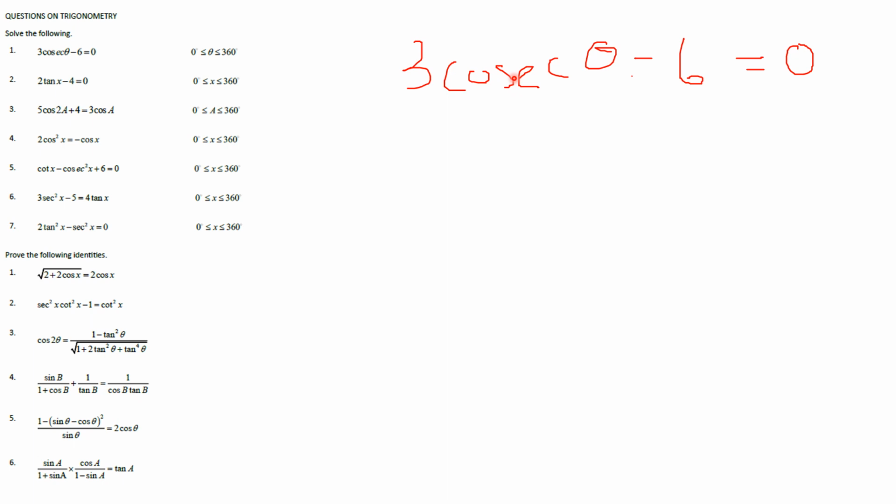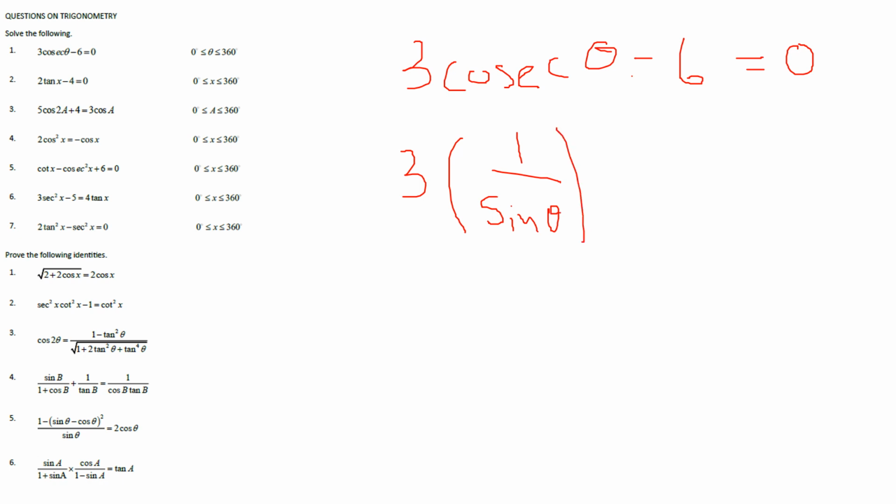So we will not be able to find cosec theta. On my equation I will convert this one here. I know cosec goes with sine, but remember it is a reciprocal. So cosec theta will be equivalent to 1 over sine theta.